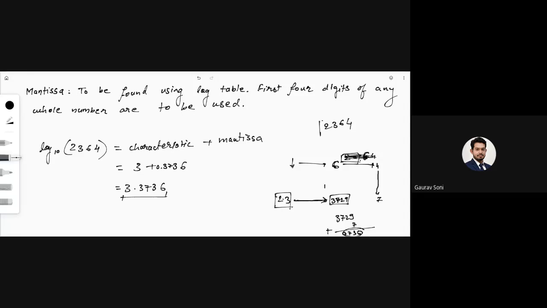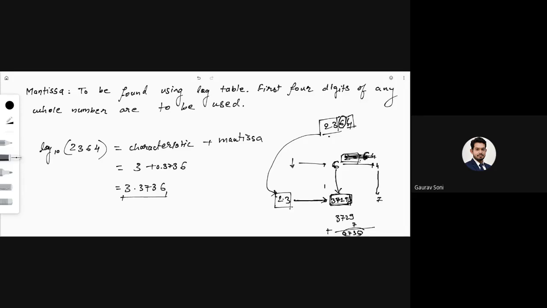So I will break this number into 3 parts, 2, 3, 6 and 4. When you go to the column of 6, you will find in your log table this number 3729.